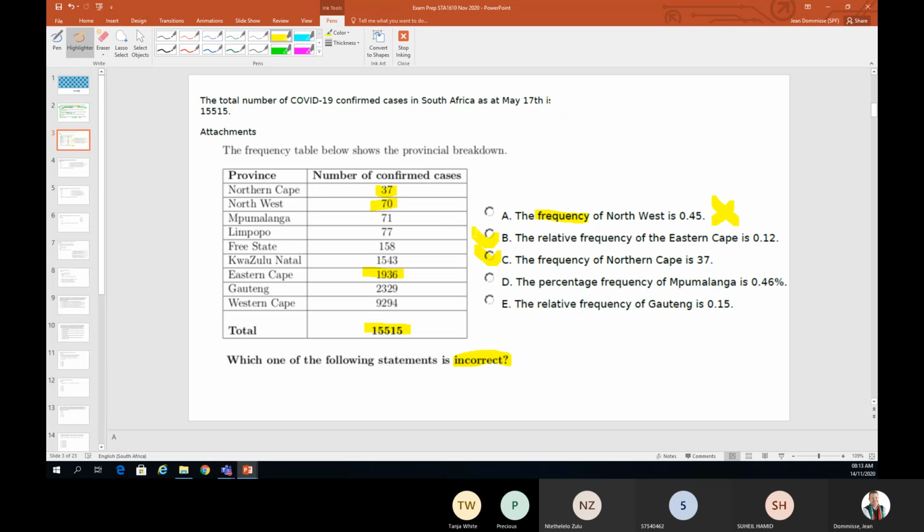Then the percentage frequency of Mpumalanga. Okay, so how would you do that?